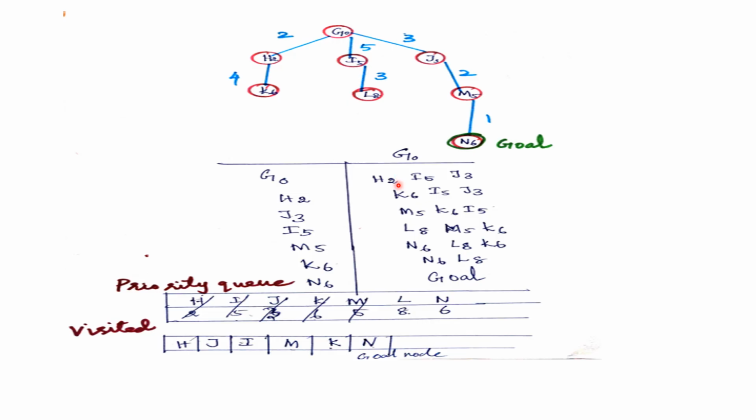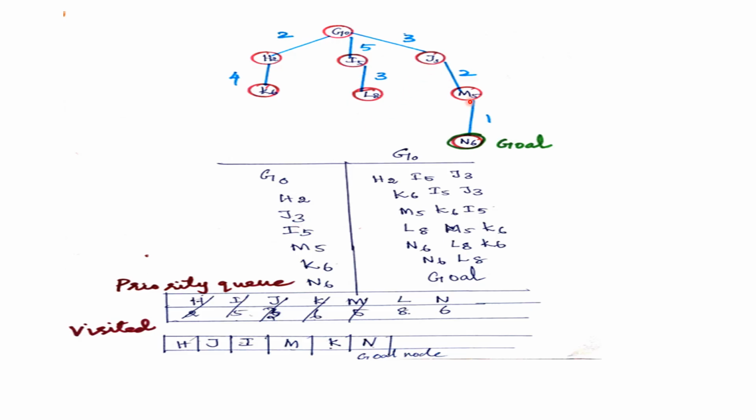H2. We move H2 to the visited list and expand H. After expanding H, the K value is kept in the priority queue. The values are K6, I5 and J3. Comparing all the values, J3 is the lowest cost, so we move J into the visited list and expand J.